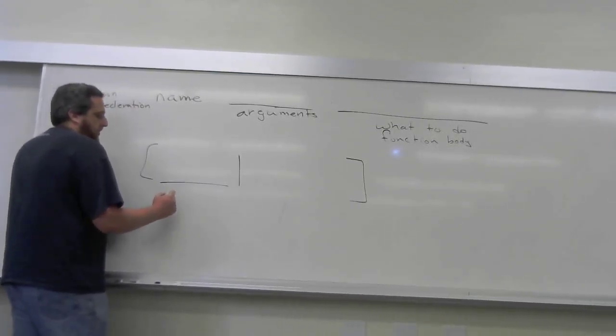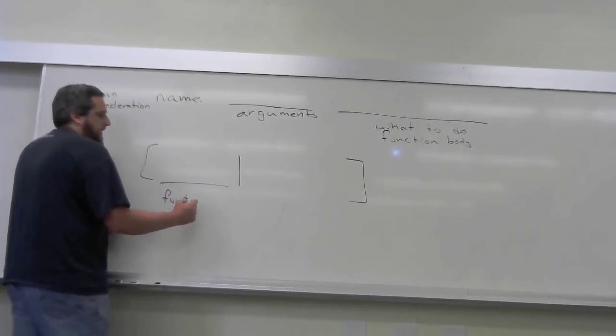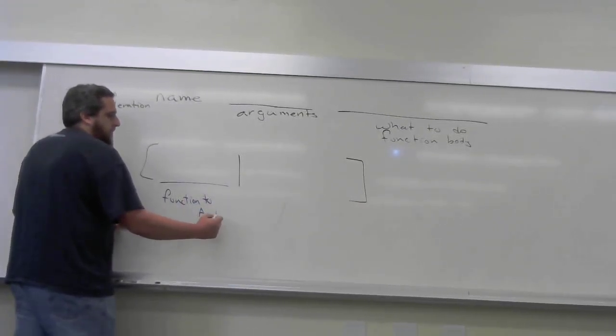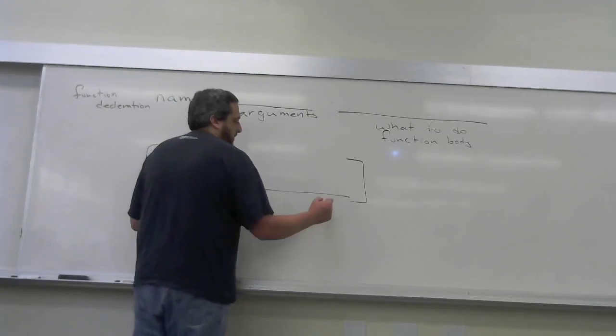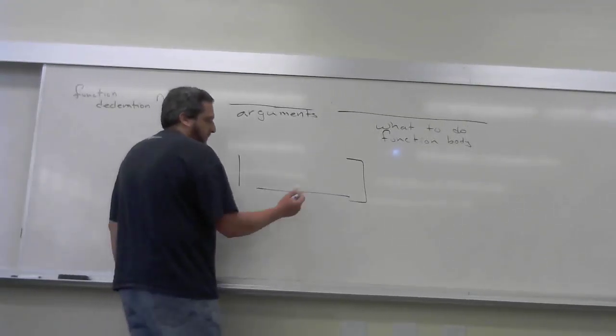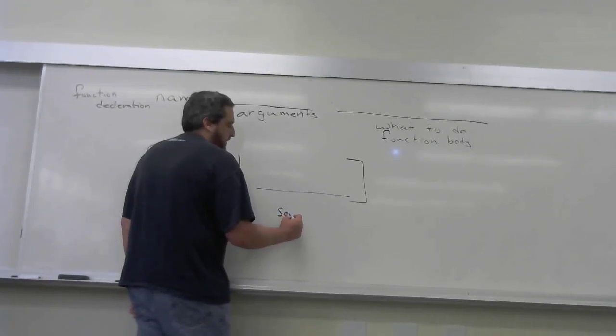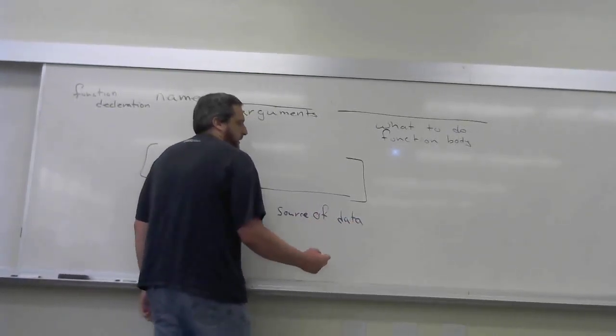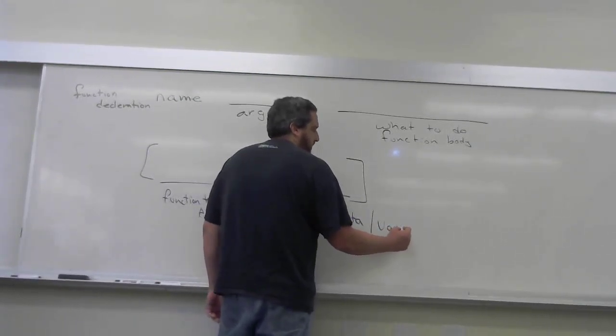This is going to be the function to apply. These guys over here are going to be the source of data, the same way we had before, source of data. And variable declarations.